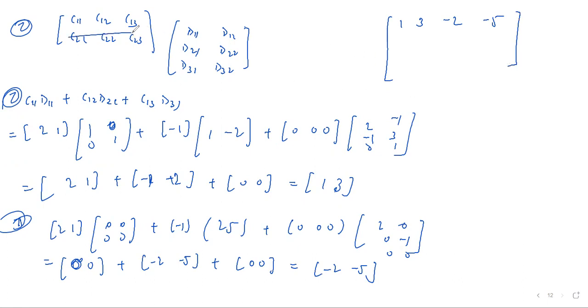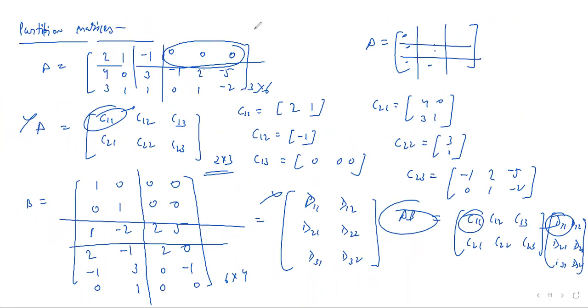Now let's multiply this one, C21, C22, C23 by D11, D21, D31. Let's just do it here only. So we are multiplying 4 0 3 1 by 1 0 0 1, plus 3 1 by 1 minus 2, plus minus 1 0 2 1 by minus 5 minus 2, by 2 0 0 minus 1 and 0 0.